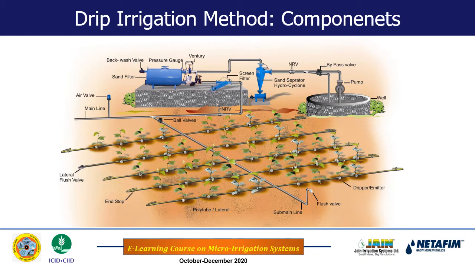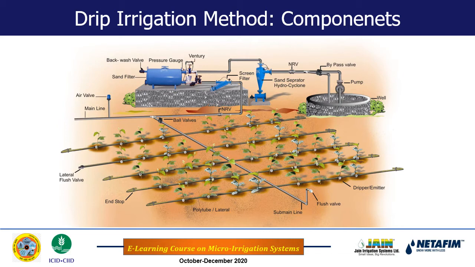This sand filter is connected to the fertigation unit, and this fertigation unit is connected to the hydrocyclone filter, and there is another valve after the hydrocyclone filter. This entire portion, from the NRV before the first filter to another NRV after the last filter, is known as the control head.